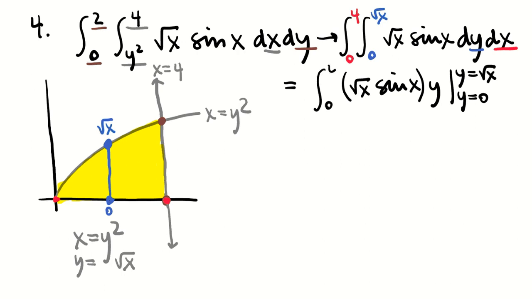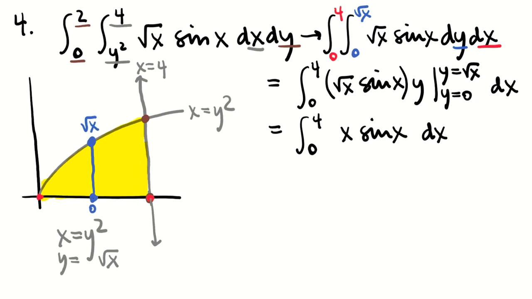I'm still integrating from 0 to 4 with respect to x. Okay, when I plug in square root x, I'll have a square root x here and a square root x there. And that'll be in total 1 power of x. So I'll have x times sine x. And then when I plug in y equals 0, that'll make the whole thing 0, so it'll go away. And now I'm integrating from 0 to 4 x sine x dx.